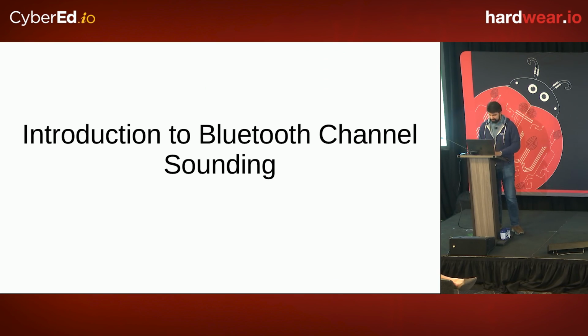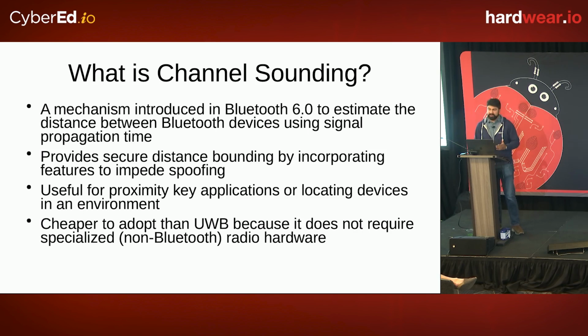channel sounding. Channel sounding, which was introduced in Bluetooth 6.0, is a feature that allows determining the distance between two Bluetooth devices using the signal propagation time.